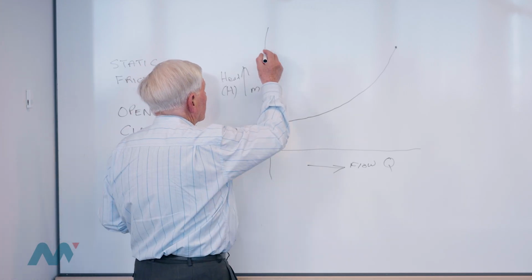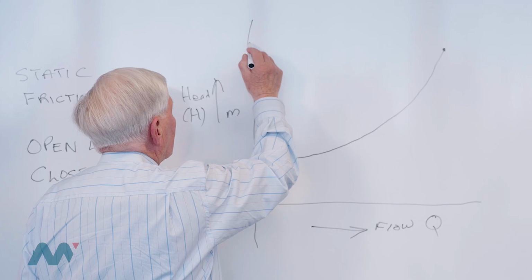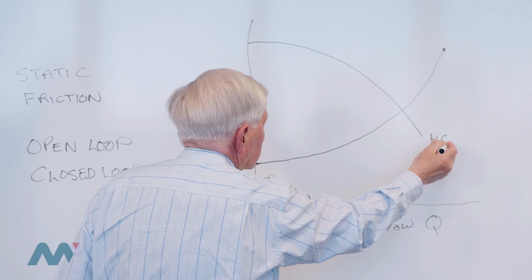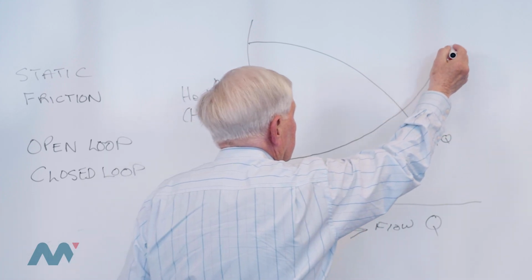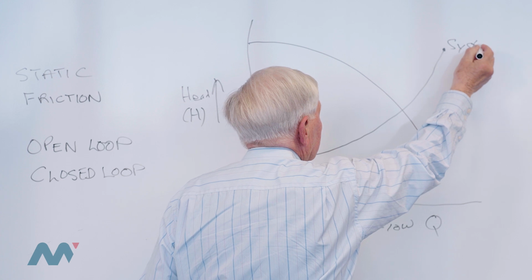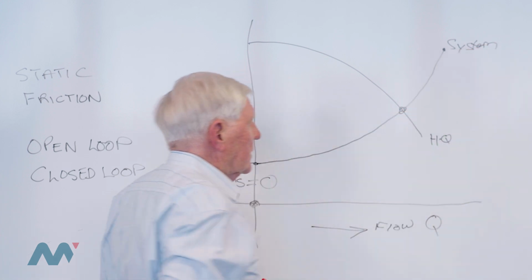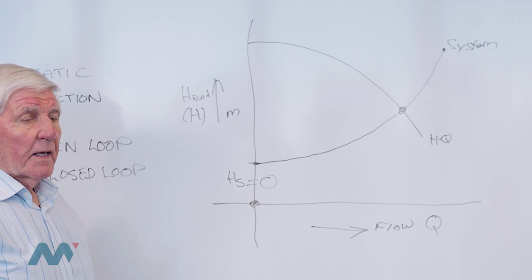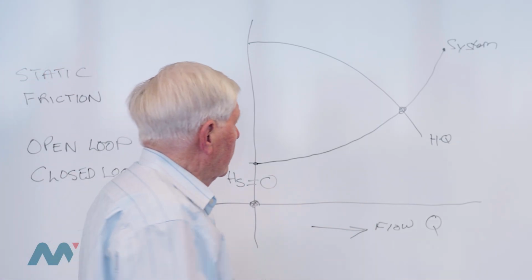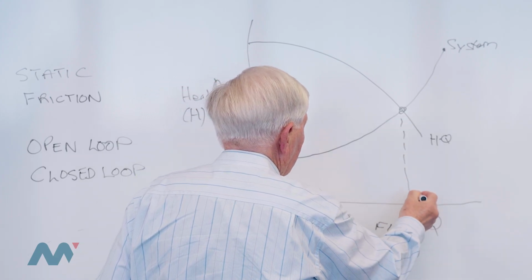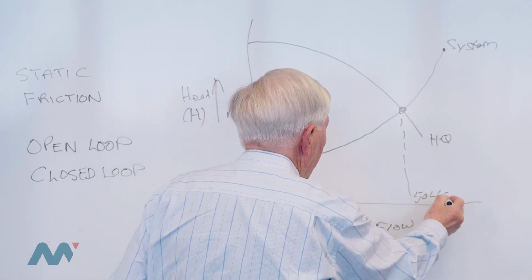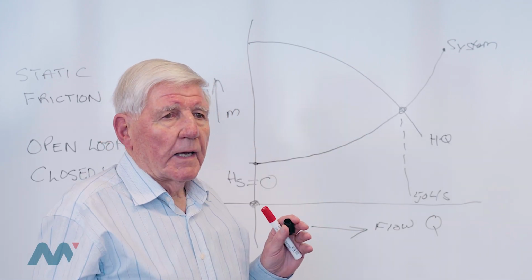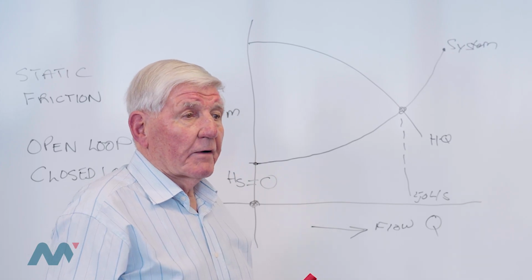So if we put a pump curve in, and we'll take a maximum diameter of a particular pump, that is the HQ curve for the pump, and this is the system curve. The pump will operate at this point where the pump curve and the system curve intersects. If your client tells you he wants, let's say, 50 litres a second, and he says that I want a pressure of 50 kPa, unfortunately, you can't guarantee that.